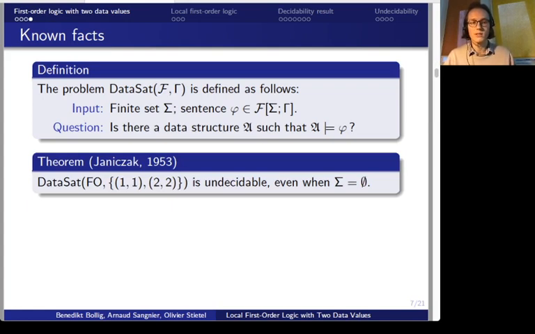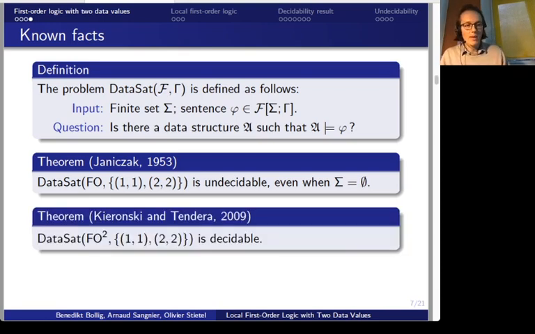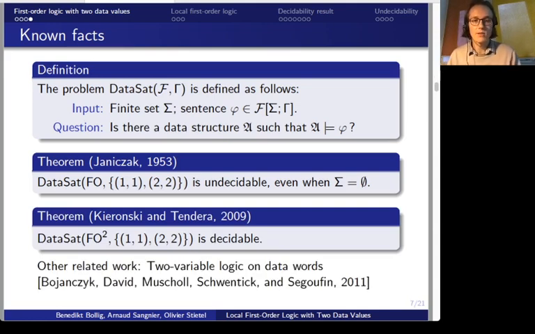The whole logic is undecidable, even when just comparing the inputs with the outputs. But FO2 is decidable. Another related work is two-variable logic on data words. But one key thing in our modelization that is not present in all this work is being able to compare the first data value with the second data value.